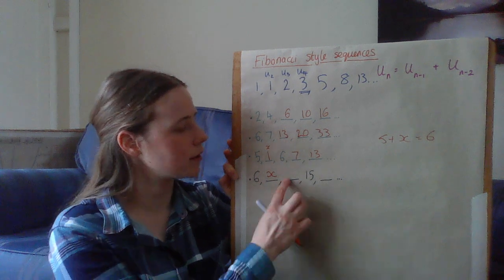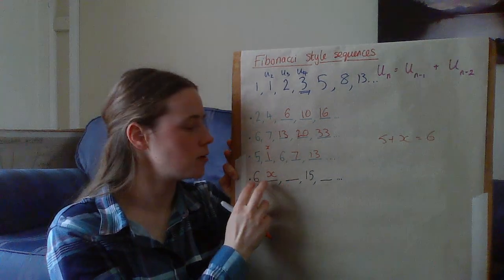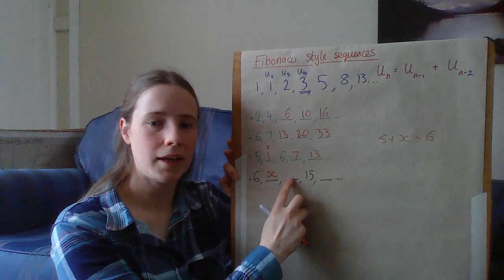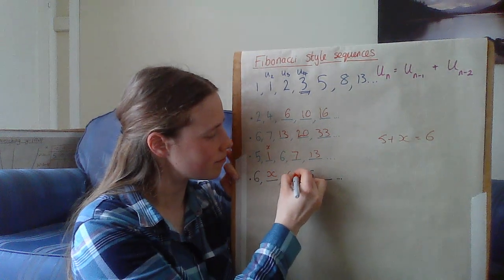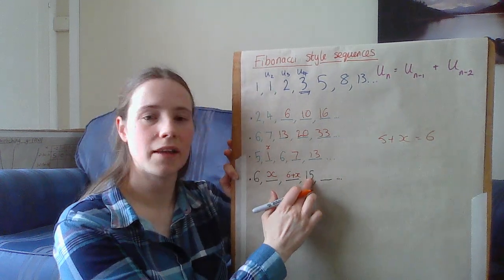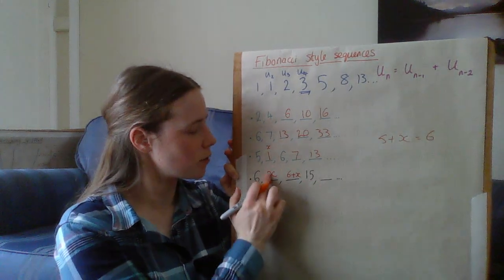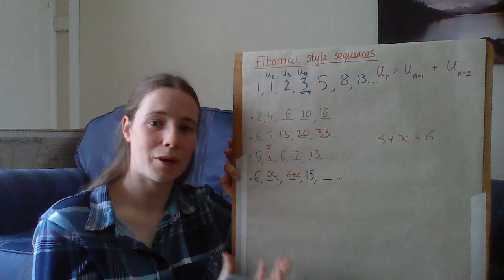So instead of calling this y, I can actually give it a name in algebra using the Fibonacci rule, which is to add these two together. So this one here is going to be 6 plus x. Now, in order to get the 15, the rule is I have to add the 2 before it. So if I do this plus this, I should get 15. And that allows me to create an equation.